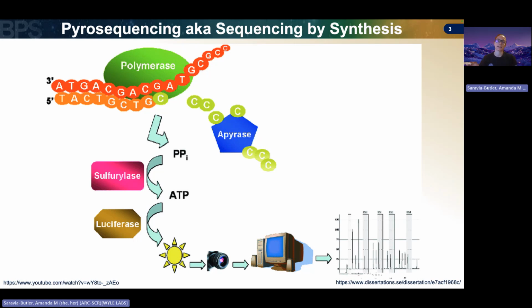However, this technique has gotten much more sophisticated, and now sequencing by synthesis is done by adding all 4 of your nucleotides at a time, so your A, T, Cs, and Gs, and each one of them is attached to a different color fluorophore.